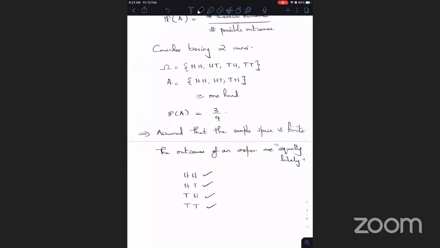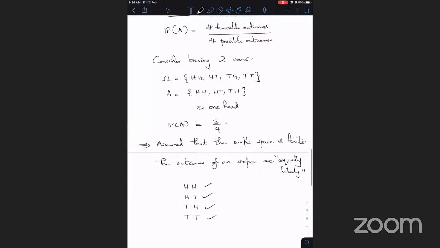That is, there is no preference for getting an HH over an HT. And for this example, this comes from the assumption that we made initially that the coins are fair. So if the coins were not fair and we were tossing two differently biased coins, then this assumption is not valid, and hence we won't be able to use this particular definition of probability.